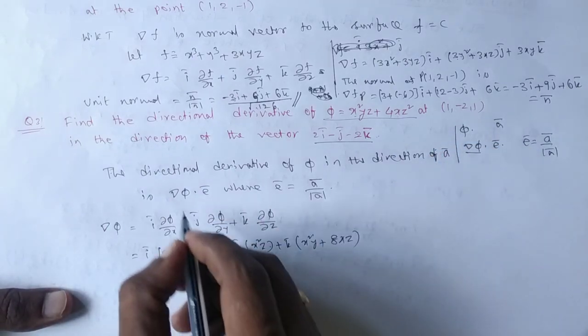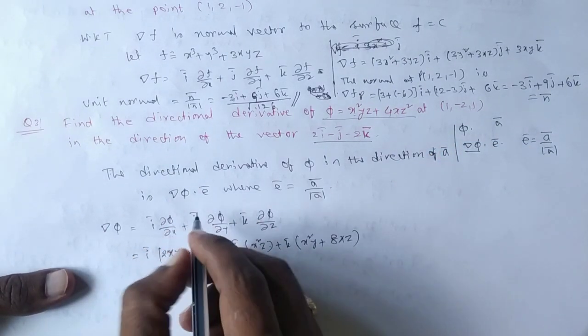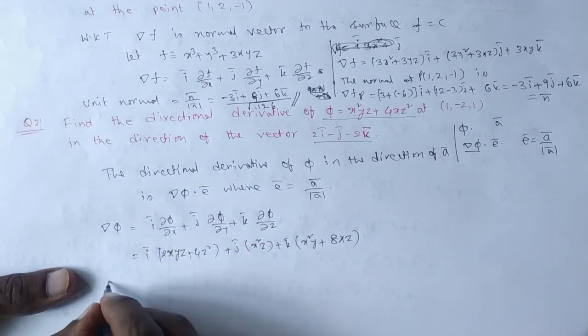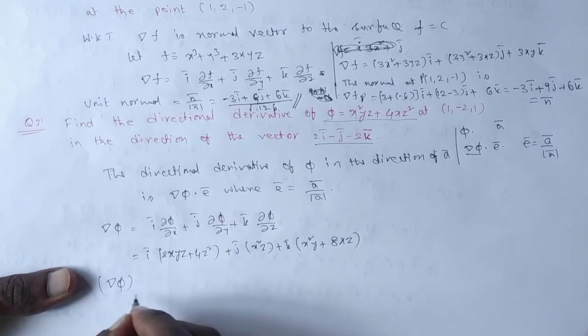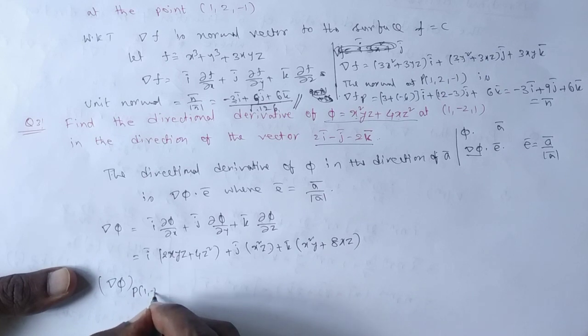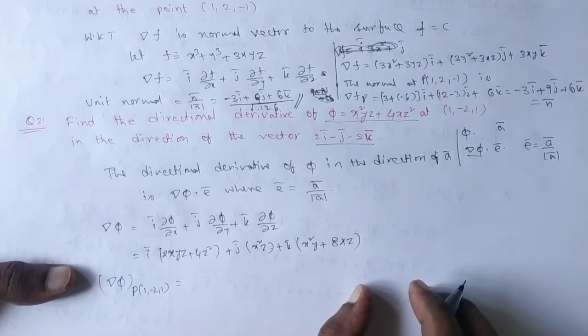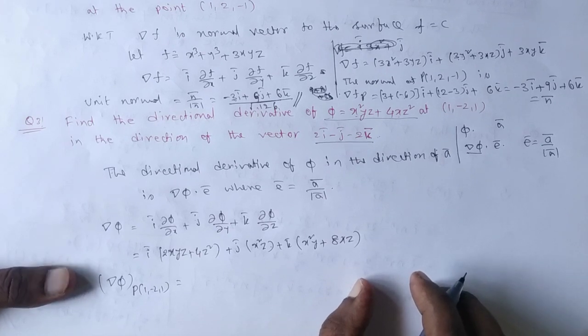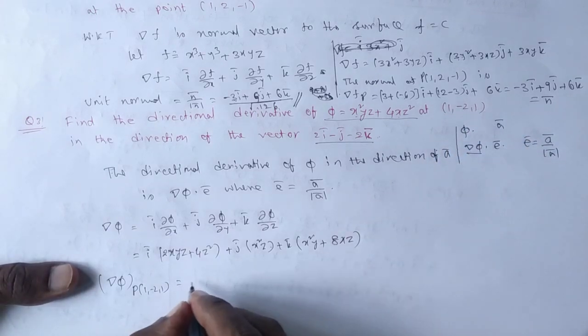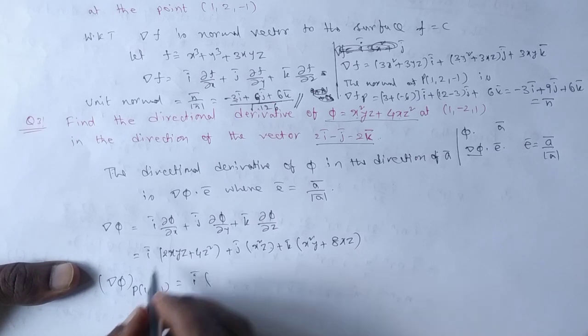Now you want the directional derivative at the point 1, minus 2, 1. So that point I am taking as p. At any point p, if you want, you just calculate that. So gradient of phi at the point p of 1, minus 2, 1 equal to, isn't it? 1, minus 2, 1. So we just substitute here x equal to 1.